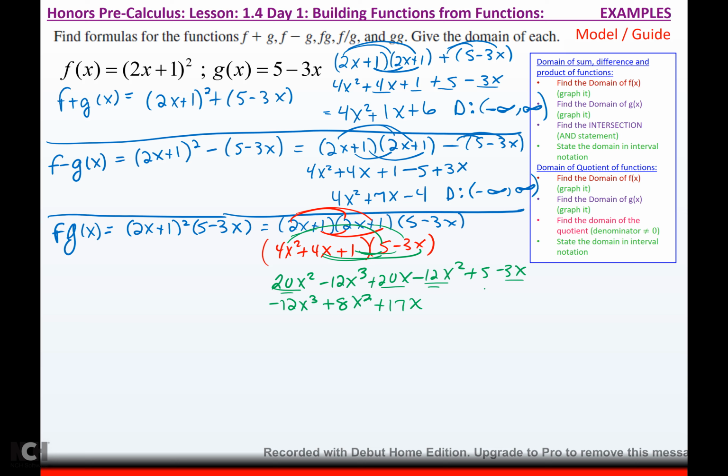And then I have a positive 5. I forgot my 5. So there's my product, and again, there's no drama. So my domain is negative infinity to infinity.